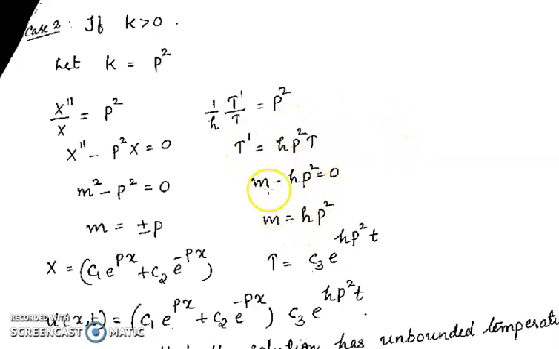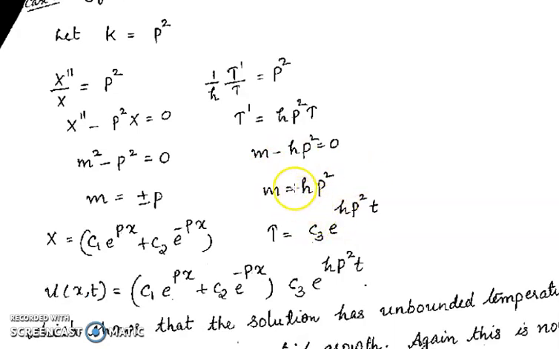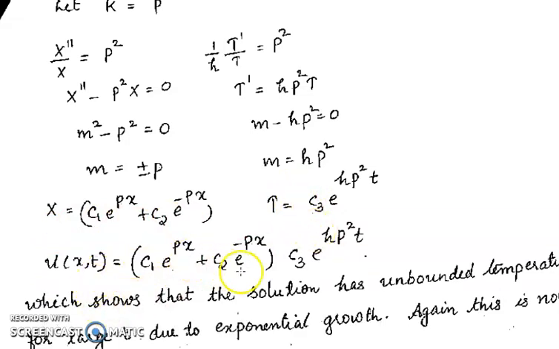Therefore, the auxiliary equation here is m minus h p square equal to 0. That is same as m equal to h p square. Thus, here we get only one root, and that is h p square, that is real. Therefore, capital T is another constant C3 e raised to h p square t. Thus, we get the values of X and T. And also we have u equal to XT.